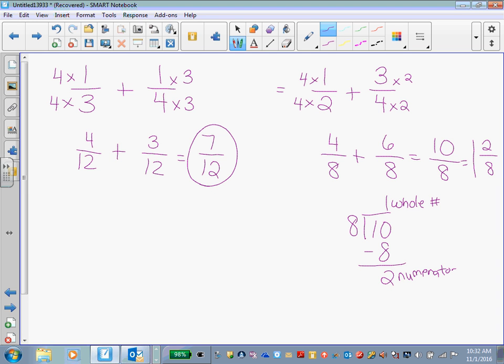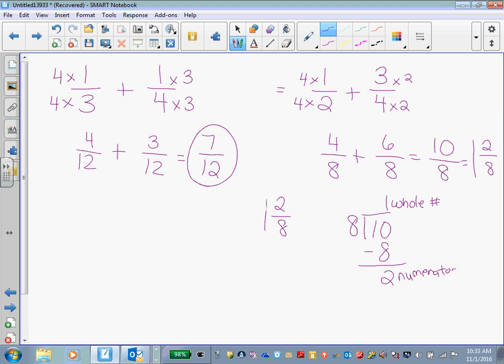Now, I've kind of run out of room here, but does anybody notice anything special about this 1 and 2/8? Jocelyn? Very good.